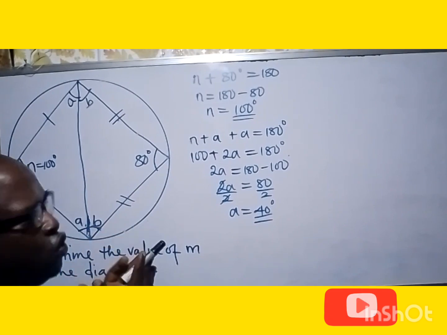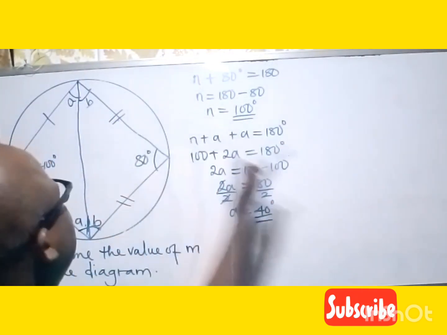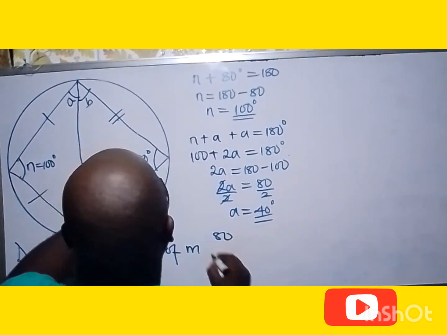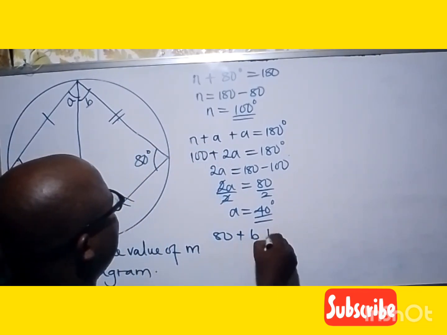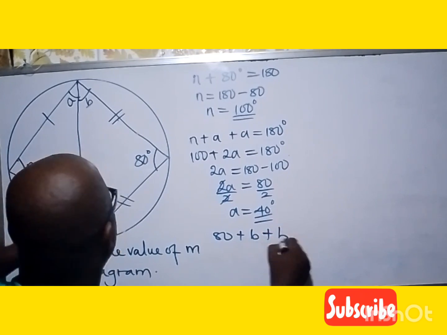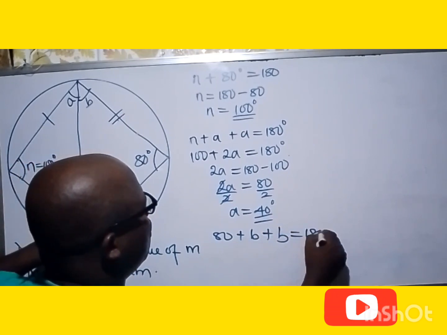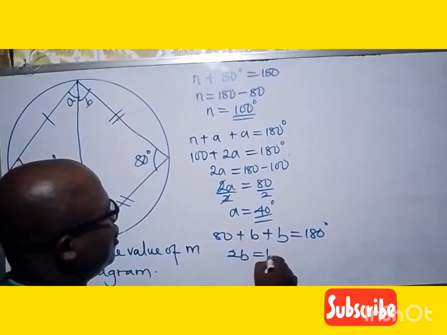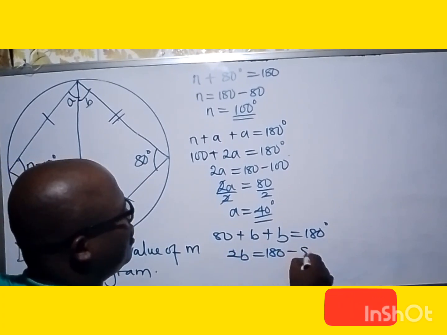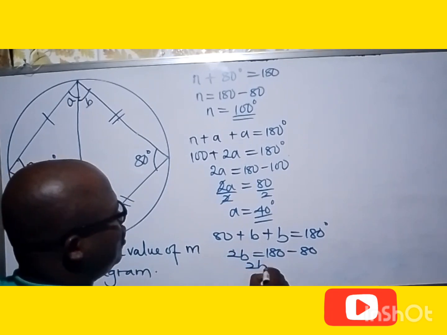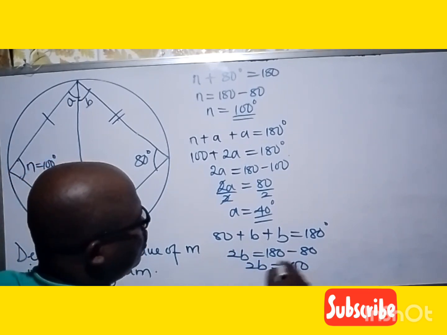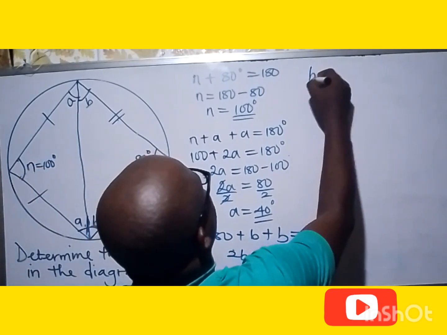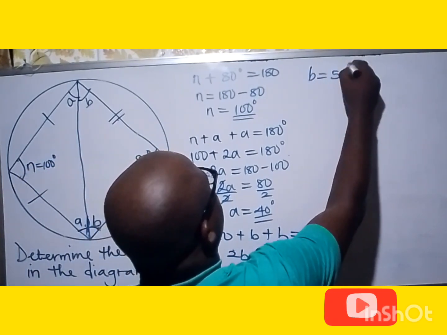Then we are also going to apply the same thing to this side too. That means I'm going to have 80, as in this 80, plus B, the upper B, and the B here, equal to 180 degrees. So I have 2B equal to 180 minus 80, as in this 80. So my 2B will be 100. I divide this by 2, divide this by 2. So my B will be equal to 50 degrees.